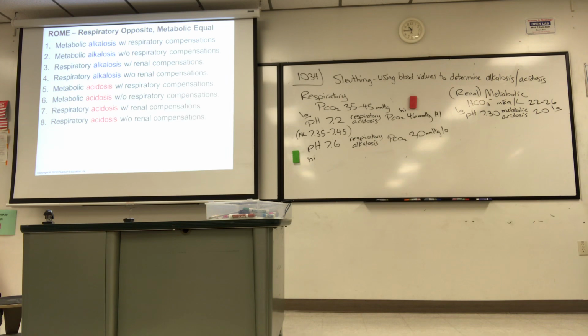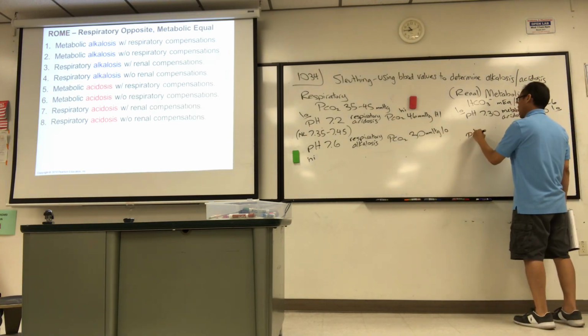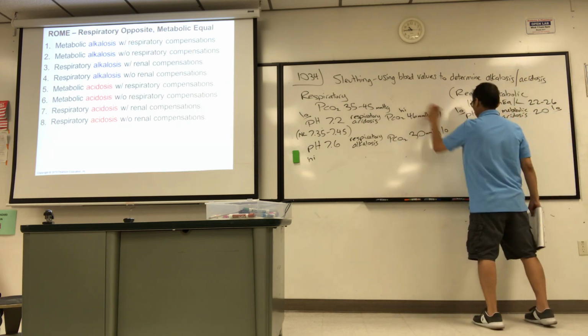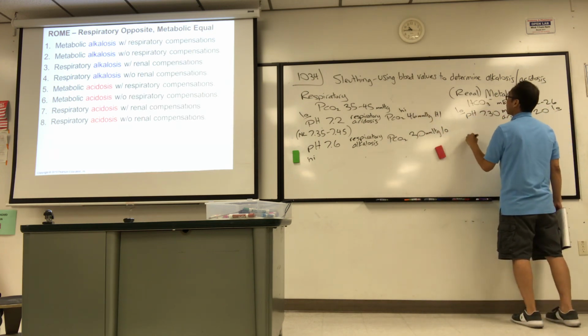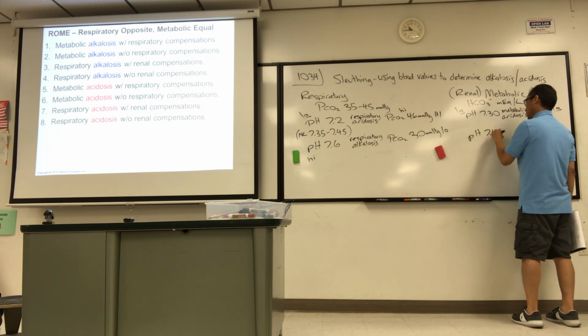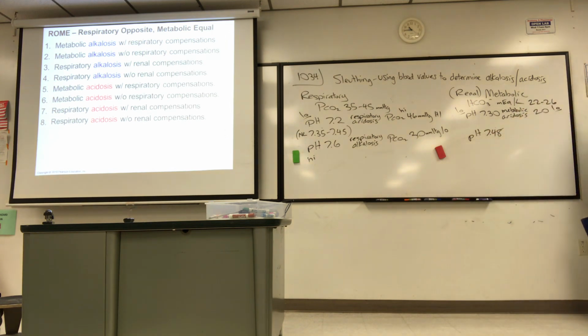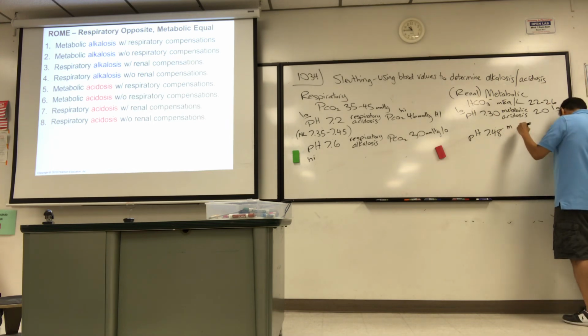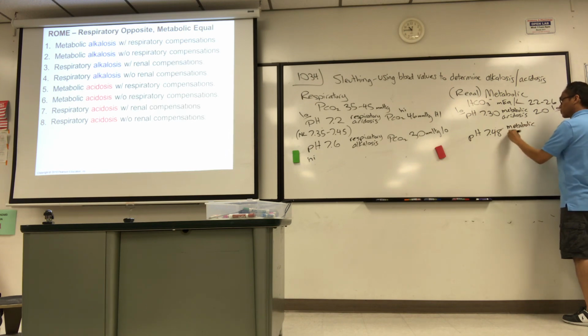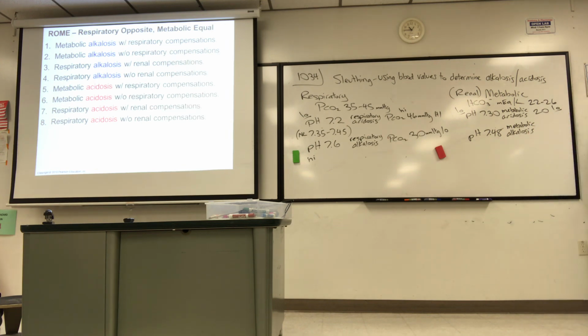Okay, that makes sense. If there's low base, low pH. That makes sense to me. And the opposite is true. If it's high, pH high, it's a metabolic alkalosis.